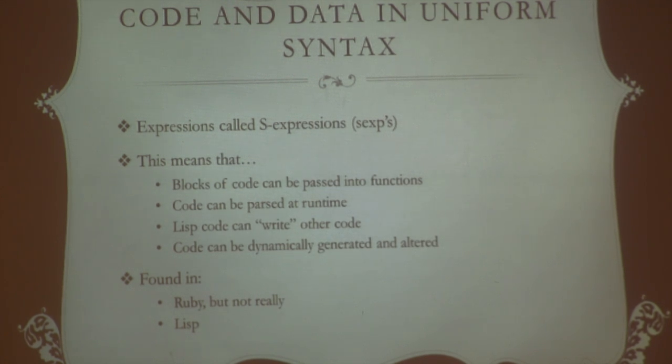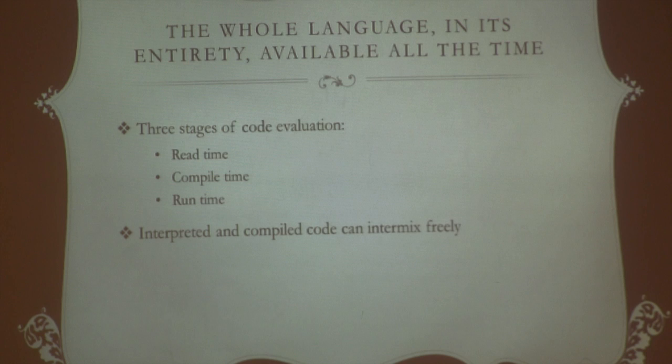And because of this syntax, we can pass blocks of code into functions, which you can sort of do in Ruby. You can do it definitely in Lisp. Now, the whole language is available to you at all times in Lisp, which is unlike really any other language. When you read in code, when you're parsing the characters of the language, you can set it to do special things and run functions at that time.